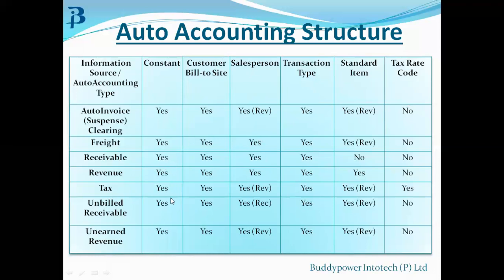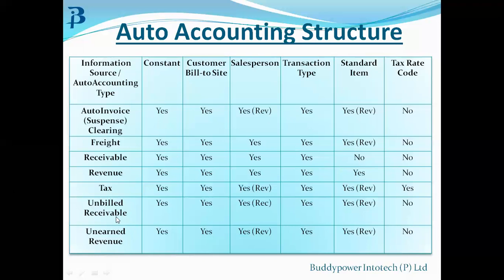And you have your unbilled receivable and your unearned revenue. Oracle Receivables uses the unbilled receivable account for transactions that have invoicing and accounting rules. It is these two accounts that use the invoicing and accounting rules, which I'll be talking about shortly.